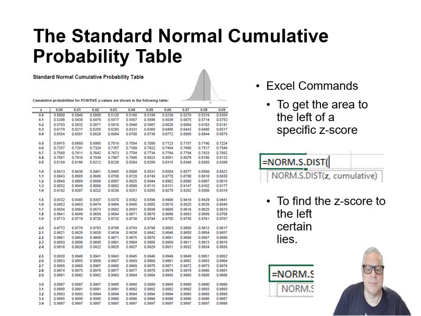So, at the z-score of 1.1, we know from the empirical rule, if you remember, that between 1 standard deviation we have 68%.